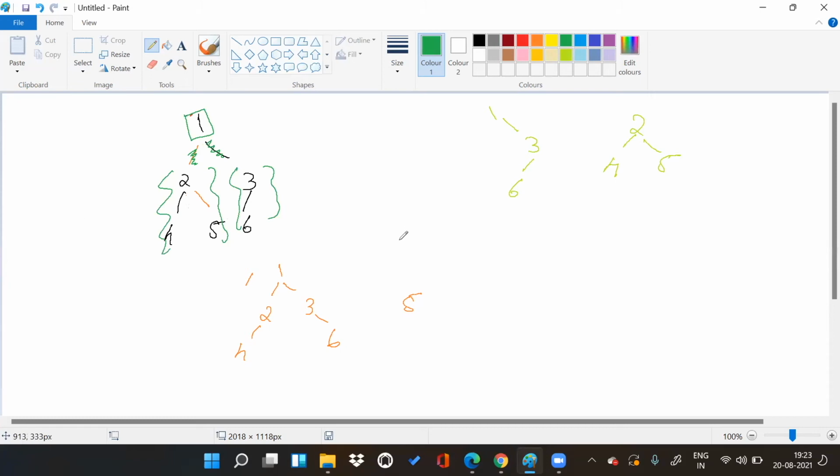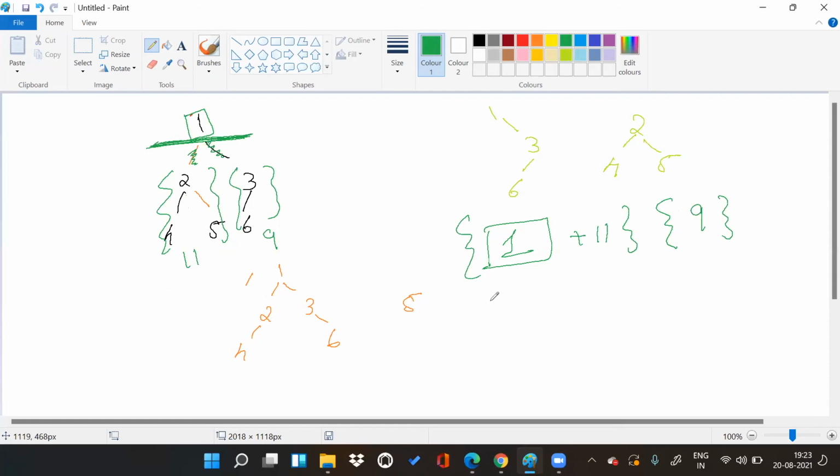Once we get the sum of the left part and the right part, what is the next thing we need to do? Until this point, I know the sum of my parent tree. Now I have two options. 2, 4, 5 gives me 11, and this gives me 9 as the answer. So one subtree would be 1 plus 11, and correspondingly, the other subtree's sum would be 9.